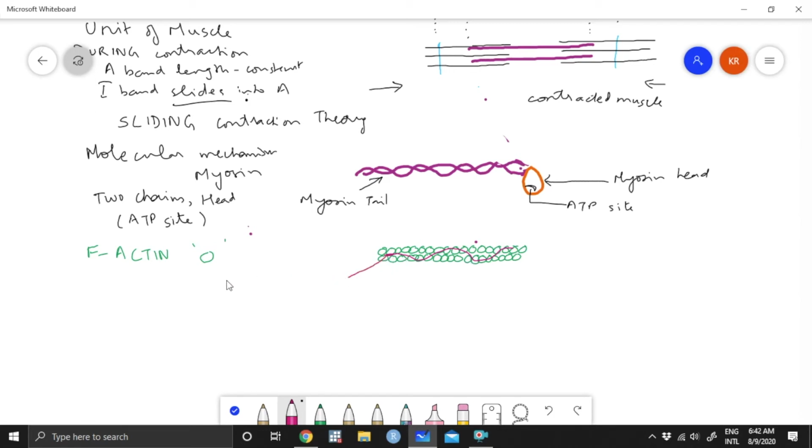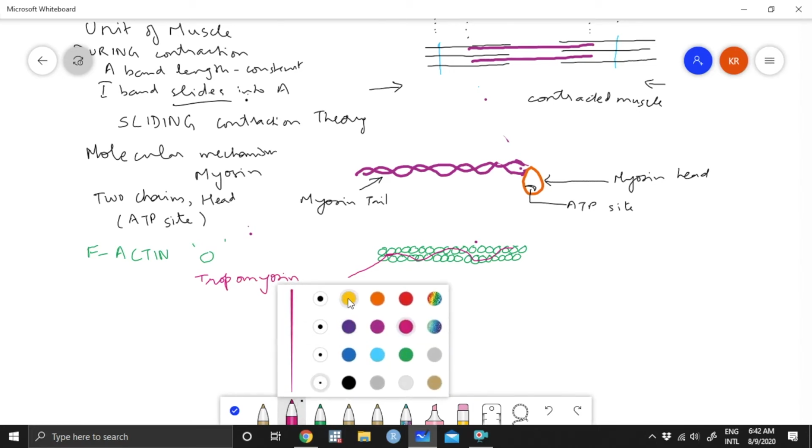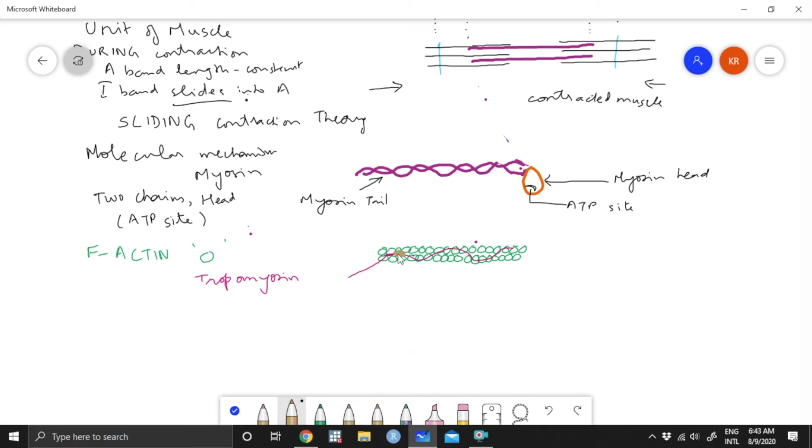This thread-like structure is another protein called tropomyosin, and this tropomyosin, this is troponin. Those spherical molecules are troponin.